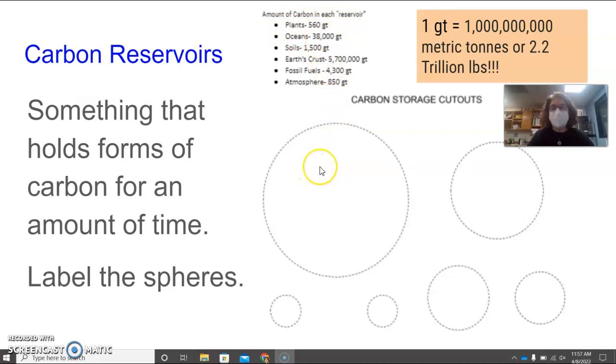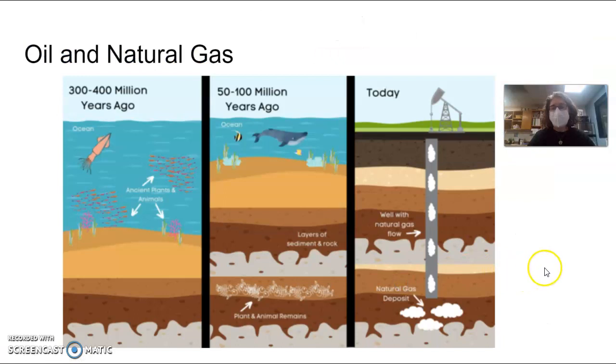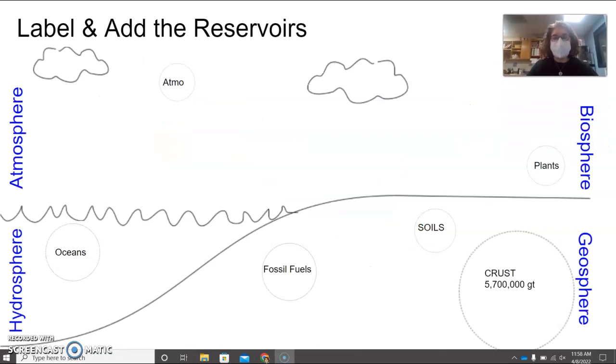You want to make sure you've labeled each circle with the appropriate name of the reservoir and amount in gigatons. Once you've done that, you're going to place them onto your diagram. You want them to approximately be in this position. The atmosphere one is labeling all of the gases that are held in by gravity in Earth's atmosphere.